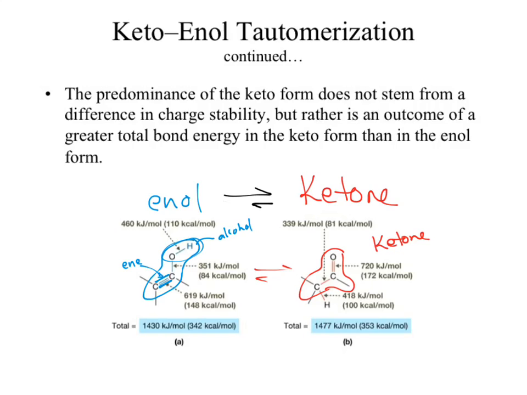Okay. Common question that pops up: is this resonance? No, because the atoms are bigger. This is a common mistake made by lots of people. I've talked to educators that refer to this as resonance. This is not resonance between the ketone and the enol because we've changed the location of a hydrogen atom.